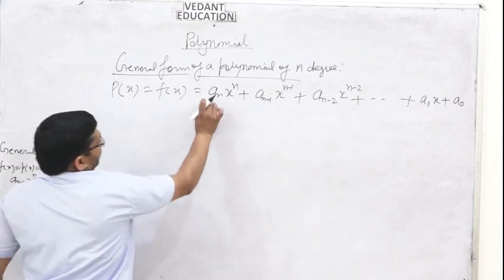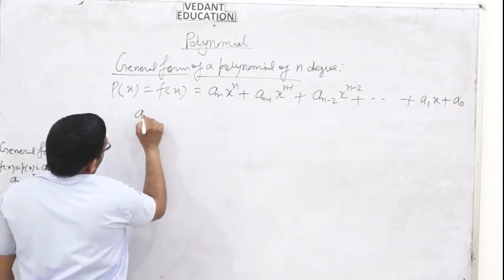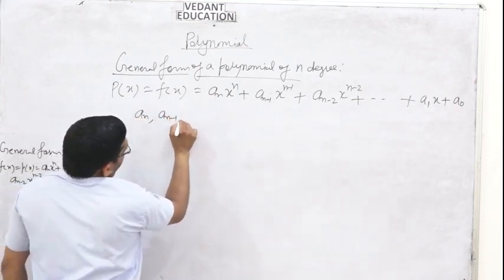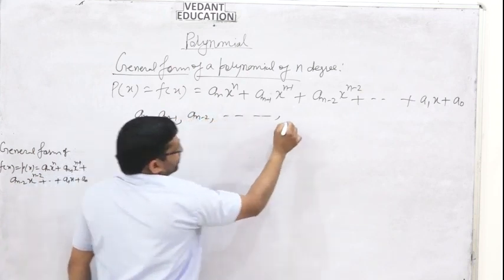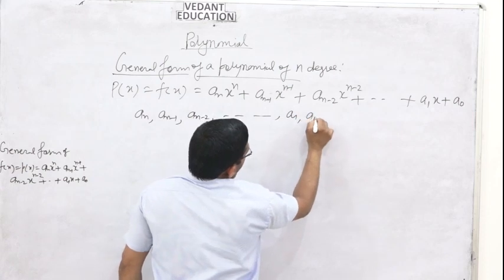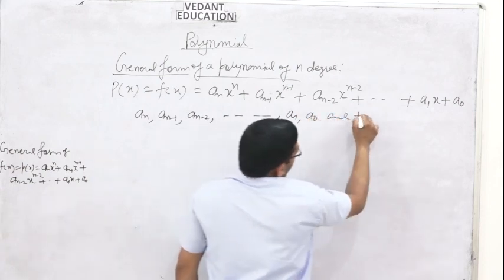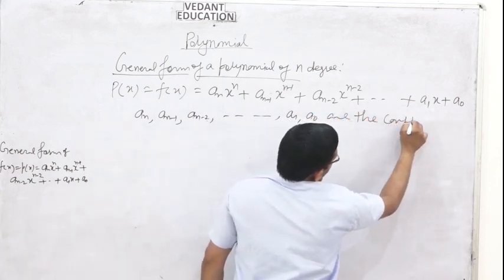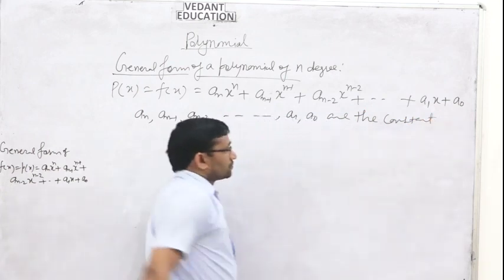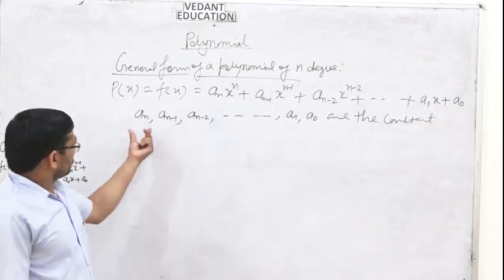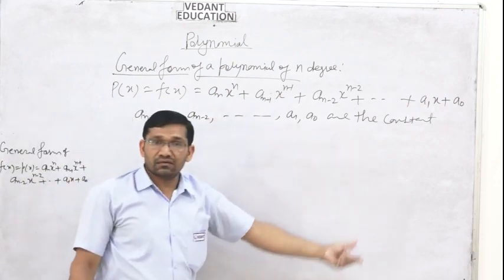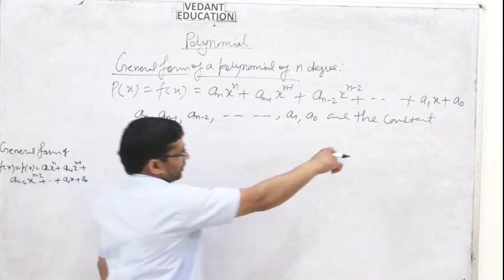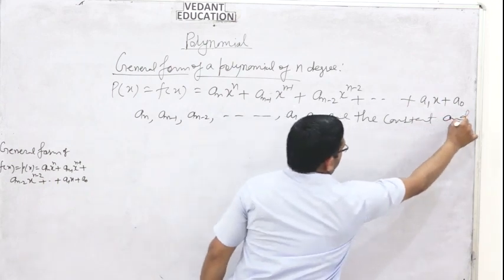Here a n, a n minus 1, a n minus 2, a1, a0 are the constants and x is the variable.